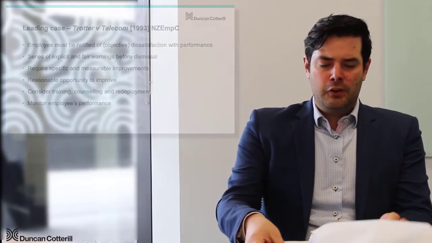So taking into consideration all the important legal points that Sarah's been through and this case I've just talked about, we're going to now talk briefly through an example of a performance management process that is likely to meet all those legal requirements. Now, it's important to note there's no one-size-fits-all here, and it's really crucial that, as Sarah indicated before, any employer must follow their own processes and employment agreements or policies, in addition to what I'm going to be talking through.